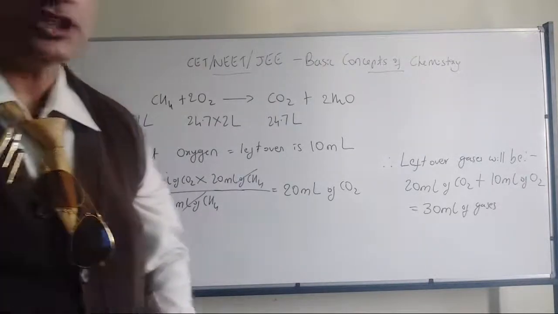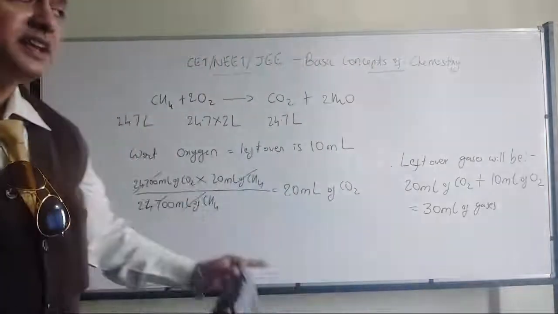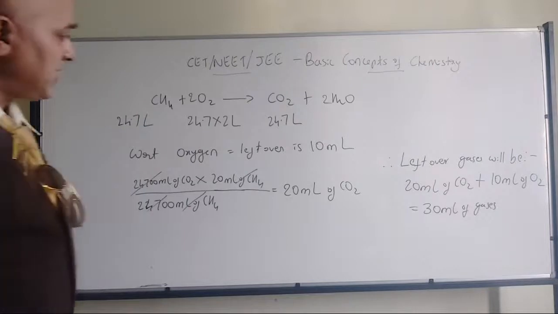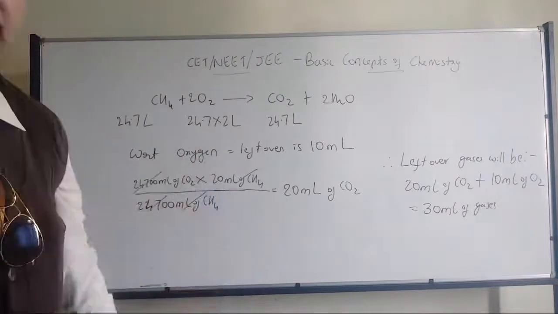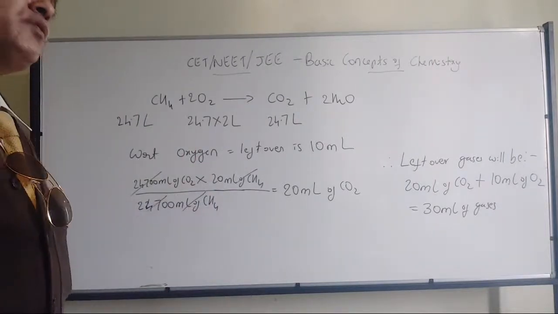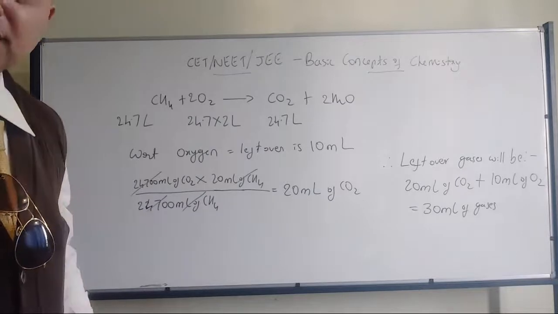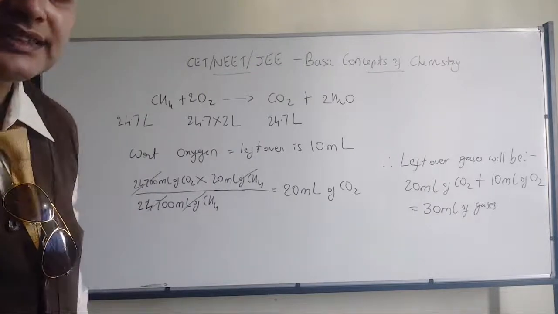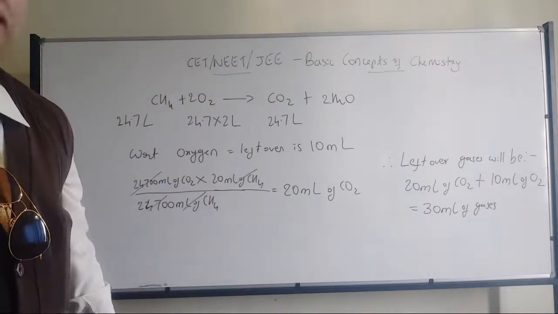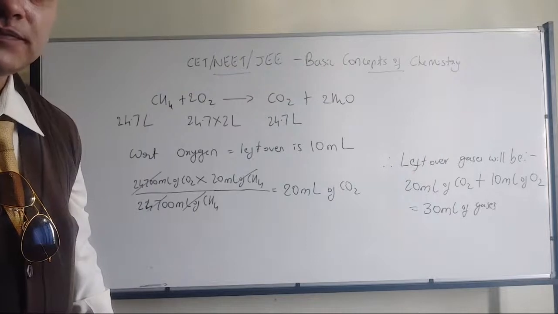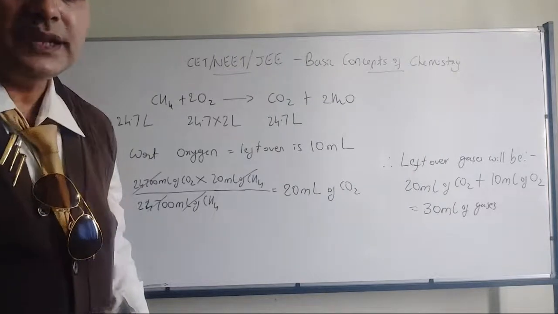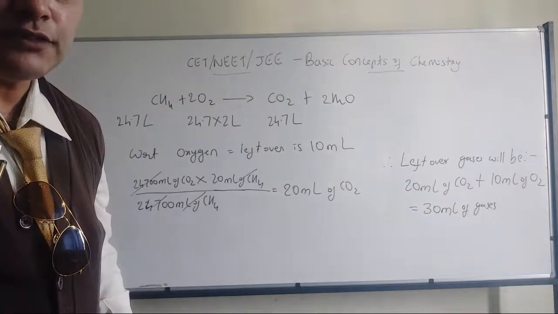All of you have understood? So oxygen we had already calculated, that was 10 ml. Now we have calculated for carbon dioxide, because leftover gases means even the product will be there, so we have to include even the product. 20 plus 10, it will be 30 ml. Option D should be the answer in the previous case, the earlier question.